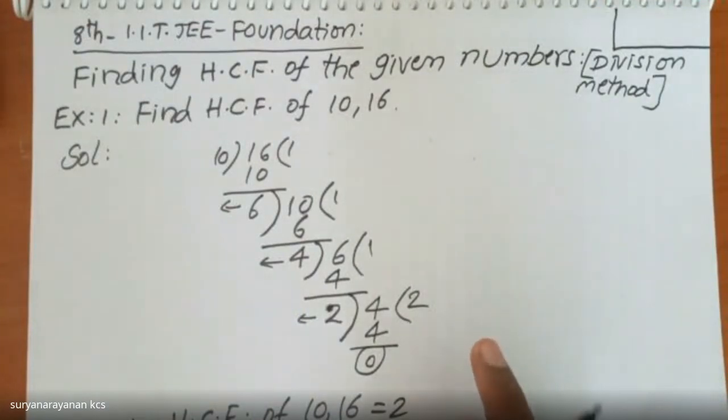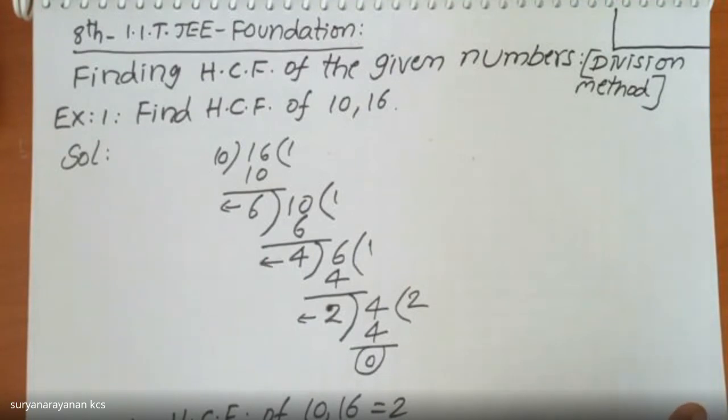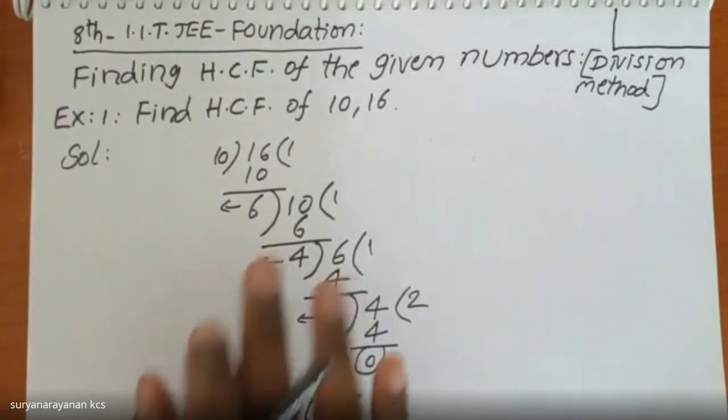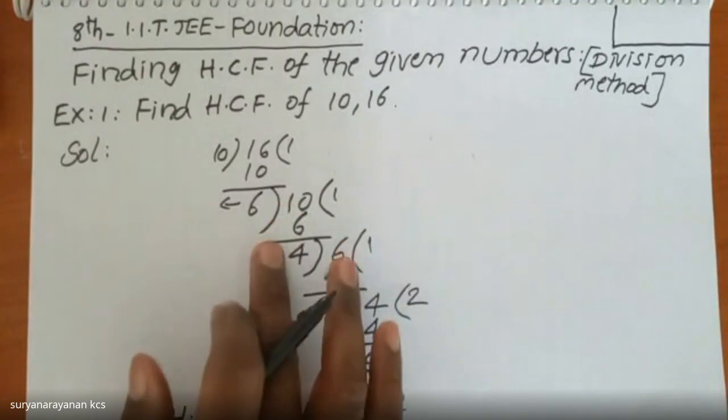There are other methods also: factorization method, prime factorization method, and common factors method. I will explain these two methods also. But out of these three methods, this is the easiest method.